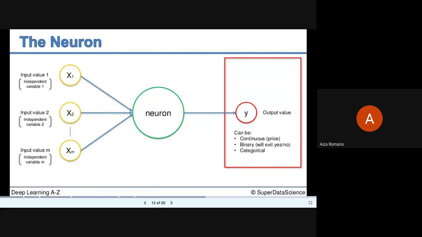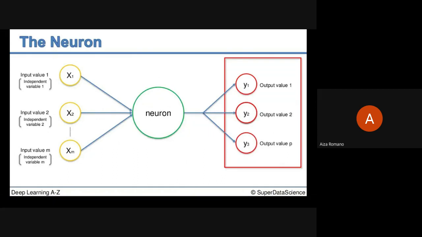If it's categorical, then we will have multiple values, like in this illustration. It has several output values. In this illustration, we showed the output values y1, y2, and y3.